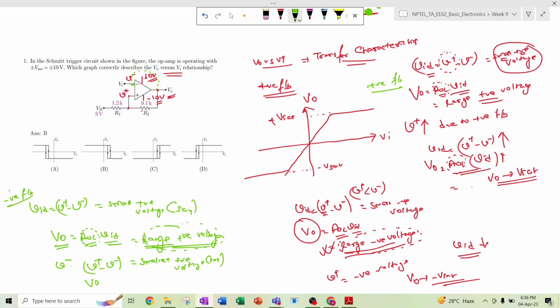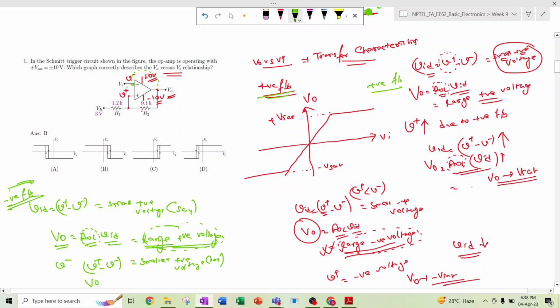So V plus minus V minus becomes even smaller. Like this, V plus minus V minus goes to 0, that means VID goes to 0. That means whatever voltage is at V plus appears as V minus. That is the concept of virtual short. The virtual short concept can be applied in case of negative feedback, which is known as degenerative feedback. But the virtual short concept we can never apply to the positive feedback condition, which is regenerative feedback.